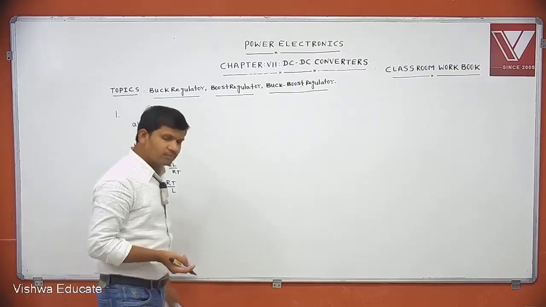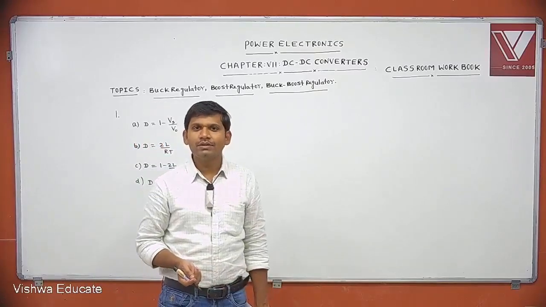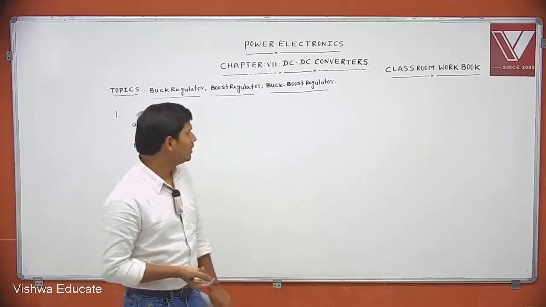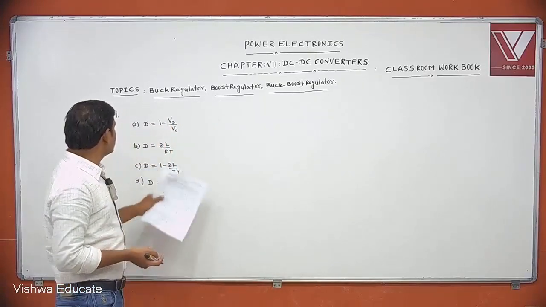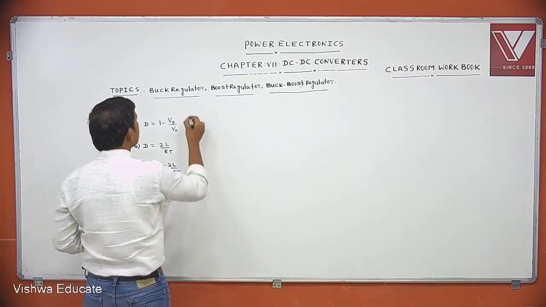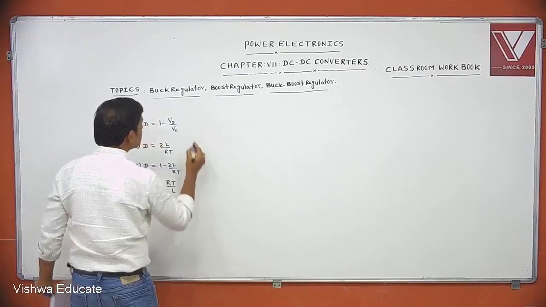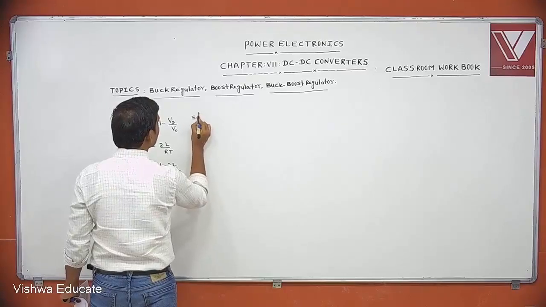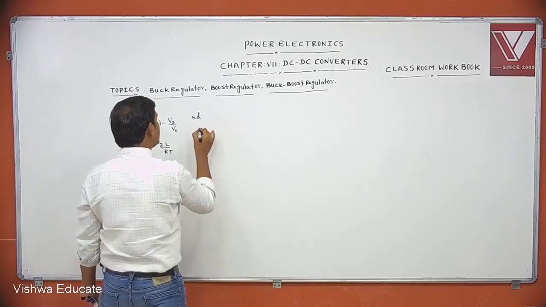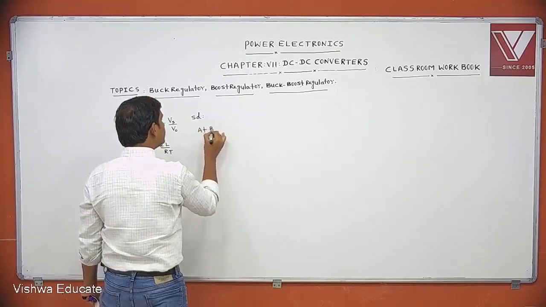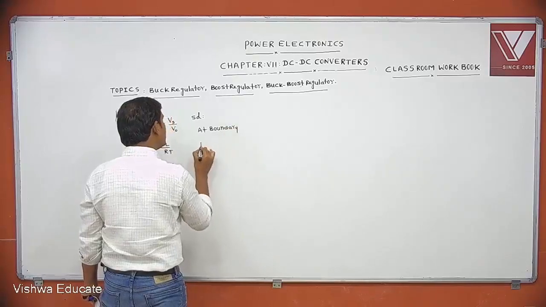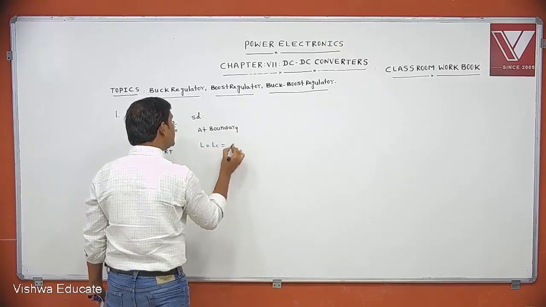We know that at a boundary condition, we derived one formula, that is critical inductance, and the options are also given in terms of critical inductance. Can you solve like this? What is the solution for this problem? We know that at boundary, whatever the inductance is defined, that is critical inductance.